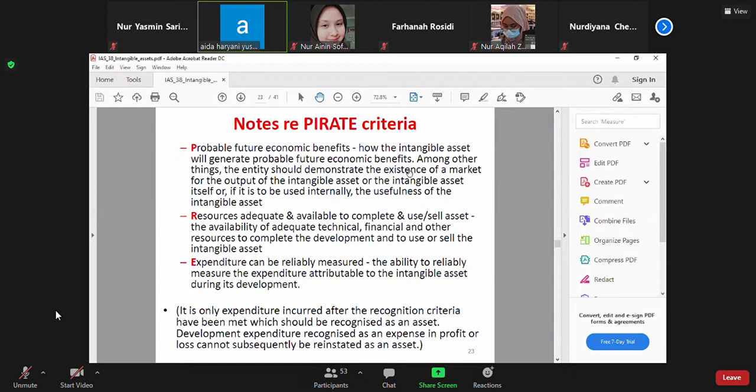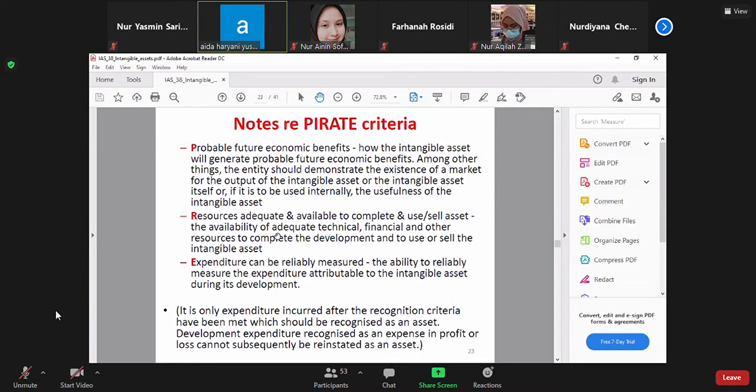There is a market for the COVID vaccine. The company must demonstrate the market for the output of the intangible asset or the intangible asset itself, or if it is to be used internally, the usefulness of the intangible asset. It is an asset internally in the company, which came up with the research and development cost.